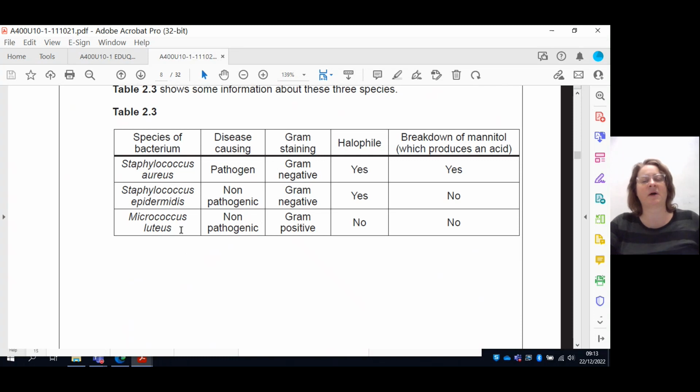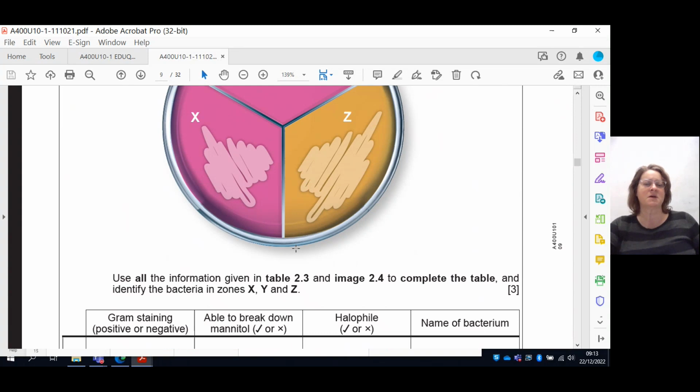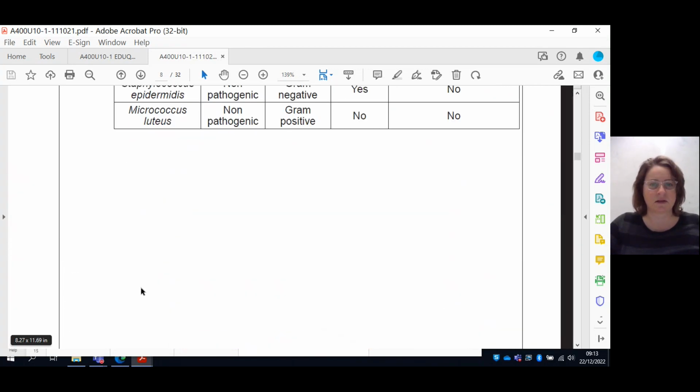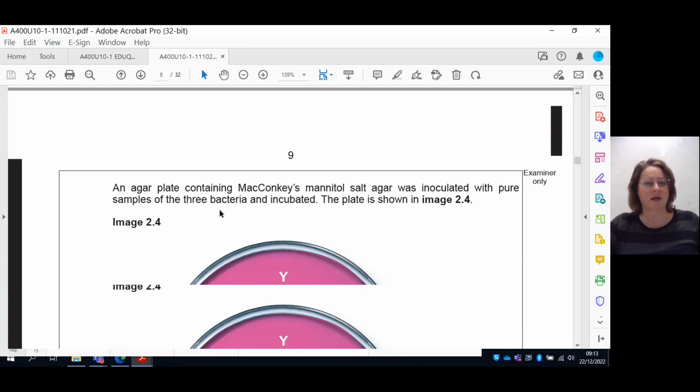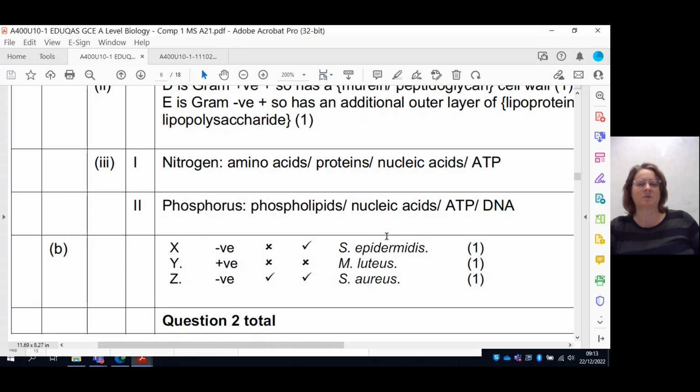This whole thing is combining the information from your table, from your text, and from the picture together so that you can then fill this table in. Okay. I didn't even go into the gram-positive and negative staining because that is another line of information here. You've literally got it here as a last bit of information to add the gram-positive and gram-negative staining into this, once you've identified them. Over to the mark scheme. If you need a little while with the mark scheme here, just pause the video so that you've got that in front of you.